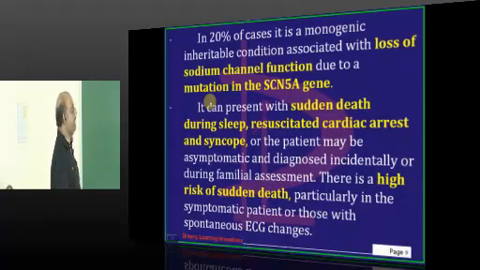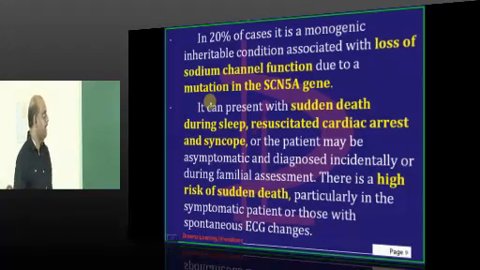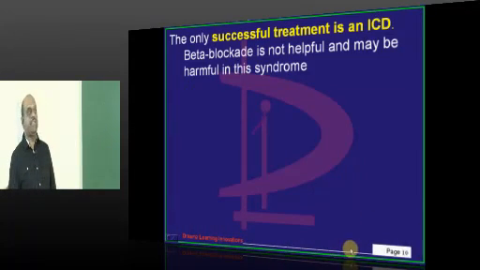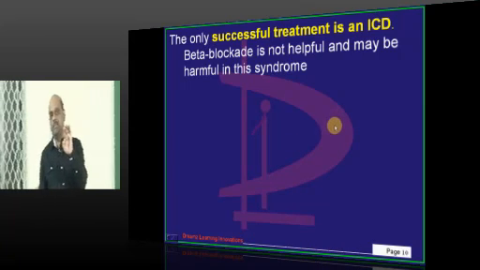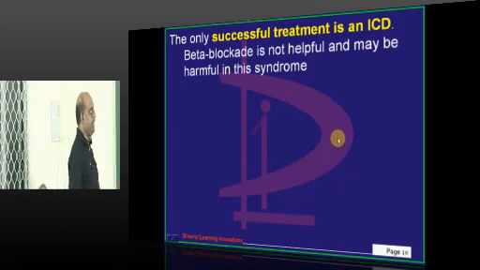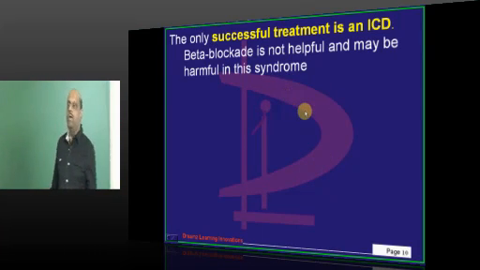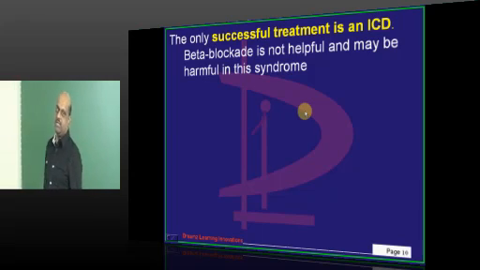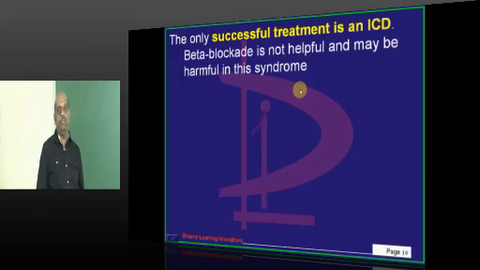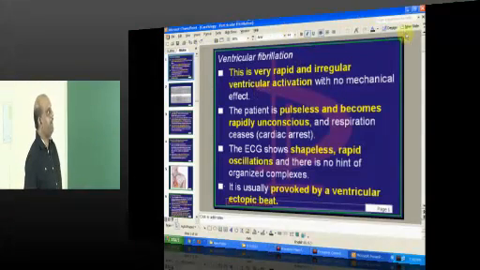They are at risk of developing sudden death during sleep, and at risk of cardiac arrest and syncope. The only successful treatment is placement of an ICD. And in these people, can we give beta blockers like others? No sir, it is not helpful, and it can be harmful, is what you need to ultimately remember.